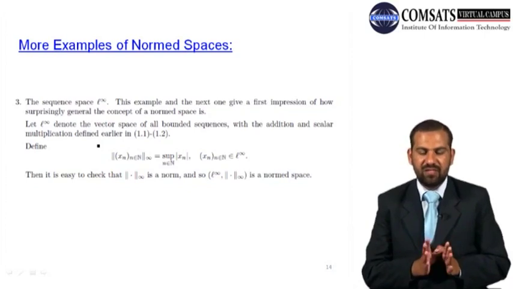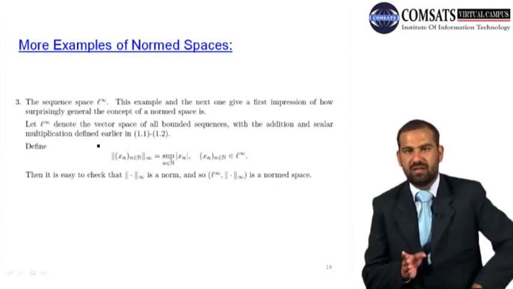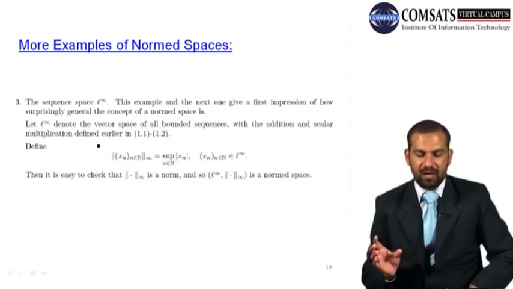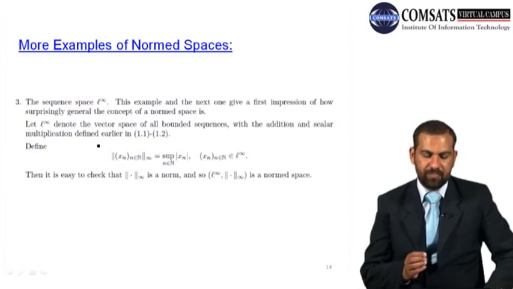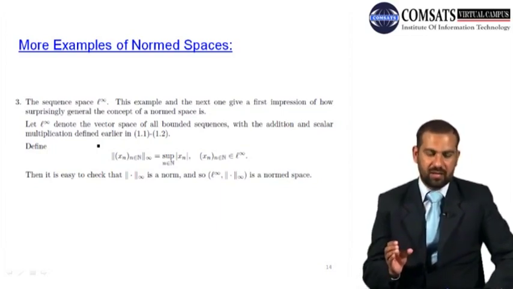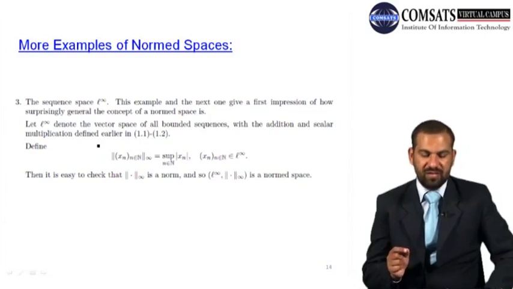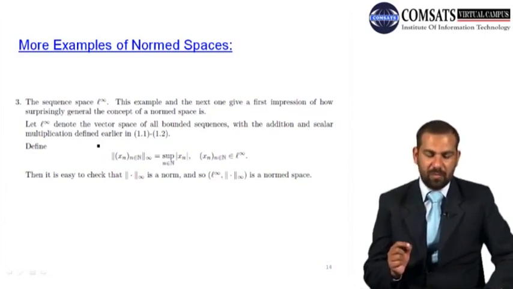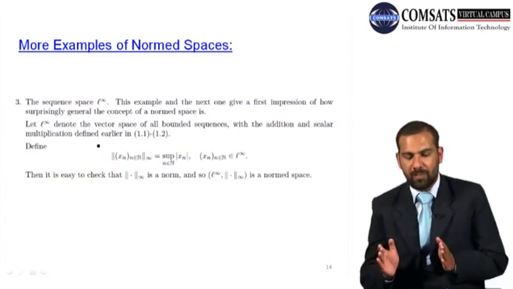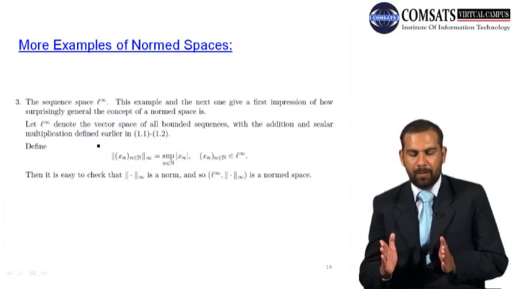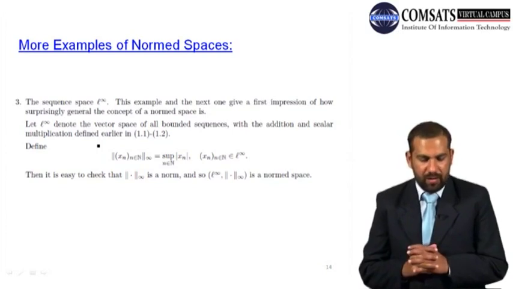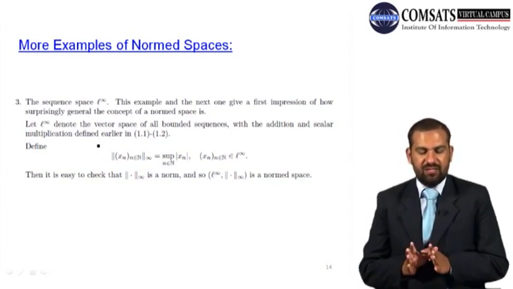Now we define the infinity norm on this space of bounded sequences, L infinity. Every element of L infinity is a sequence, so the infinity norm of xn is defined as the supremum of the absolute value of xn. You pick the supremum of the absolute values of that sequence, and you can check that it satisfies all the conditions of a norm.